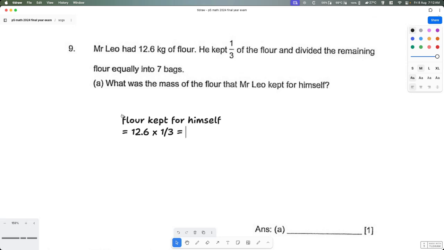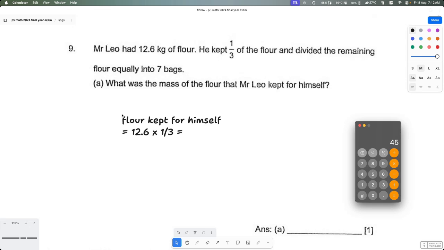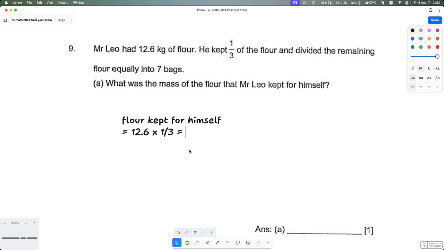You can use your calculator. So 12.6 multiplied by 1, and then you divide by 3. And the answer is 4.2 kilograms. Okay, let's move on to the next question.